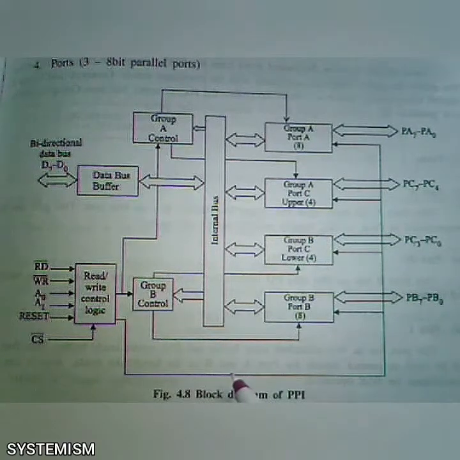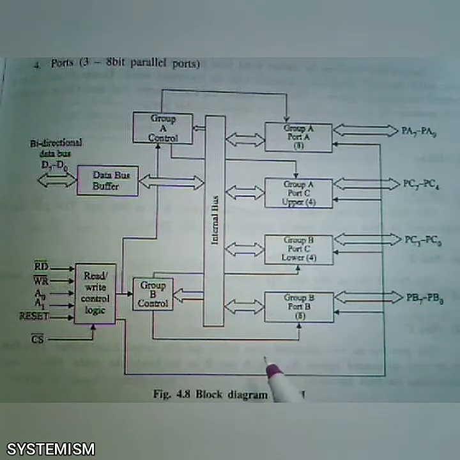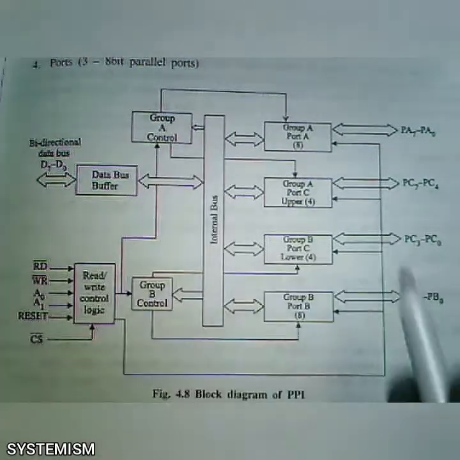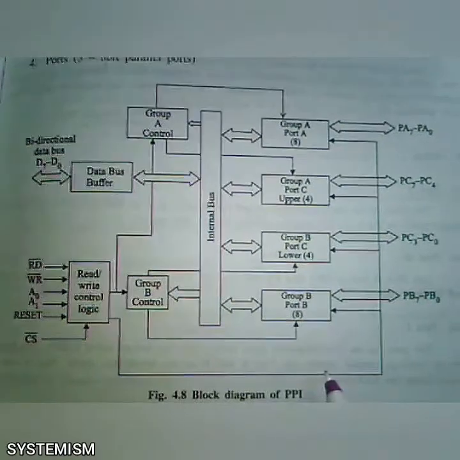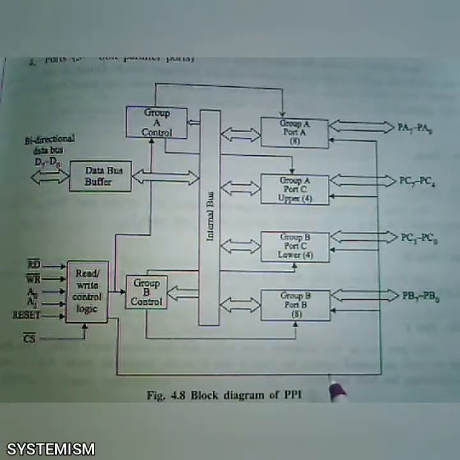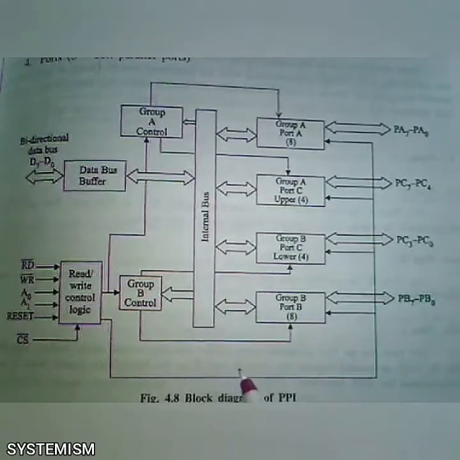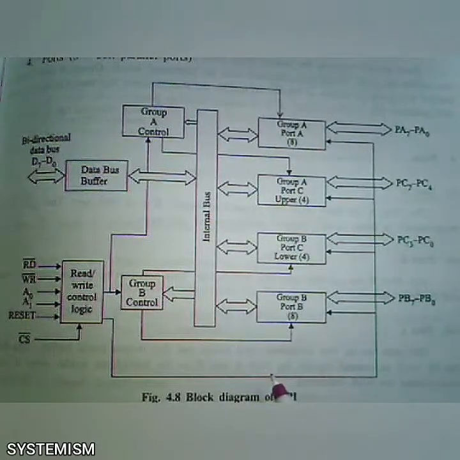BSR mode is bit set or reset mode, and IO mode is input output mode. These are the main 2 modes in which you can use the 8255. I will explain how you can use the 8255 in both these modes.